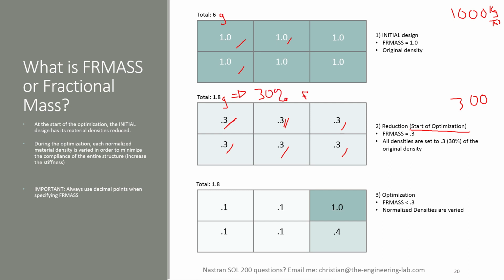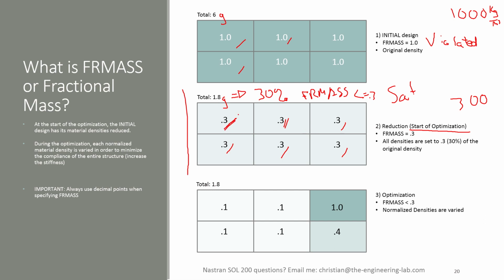So here the FR mass is less than or equal to 0.3. So here the constraint is satisfied. Remember, before it was violated. So this is the starting point for the optimization, this reduced state with the reduced material normalized densities.